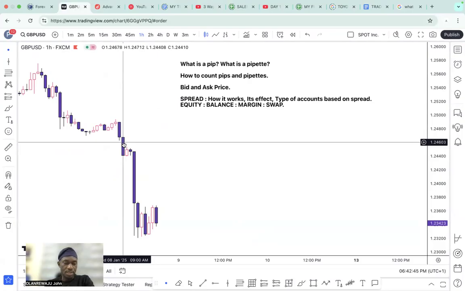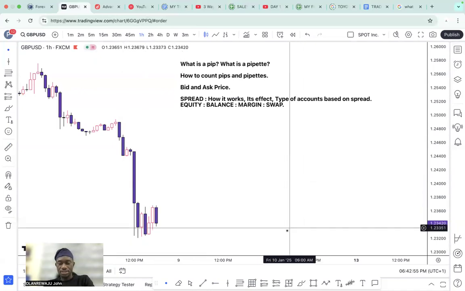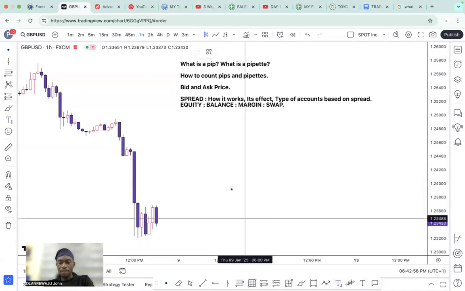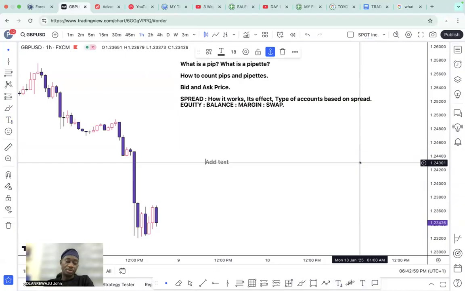Are we together? And where do we begin the calculation from? We begin the calculation from the fourth decimal place. For those of us who may not know what the fourth decimal place is, let me just quickly run us through it. Even I myself took a long time before I knew the difference between a decimal place and a significant number. This is primary school mathematics. So this is one. Are you following me?